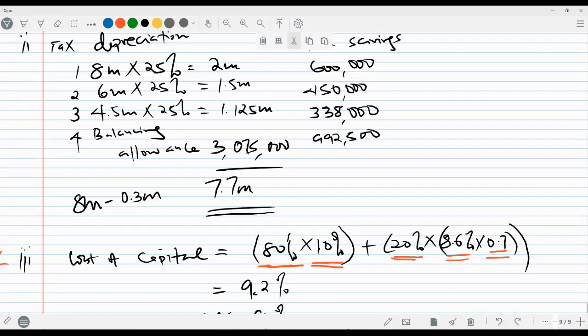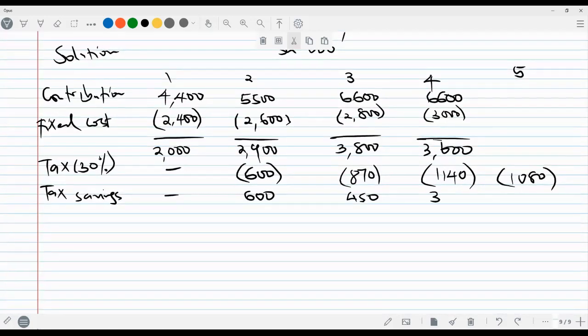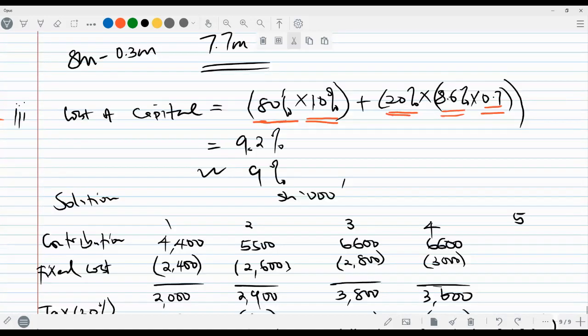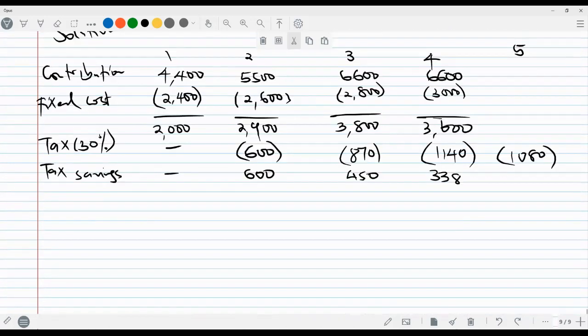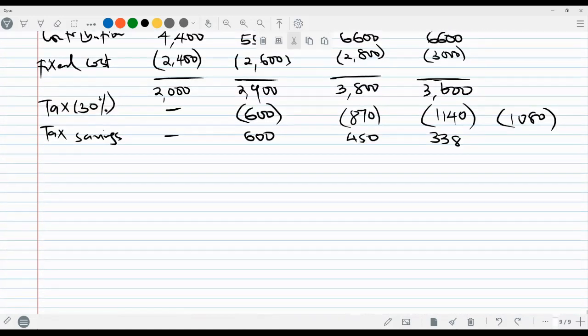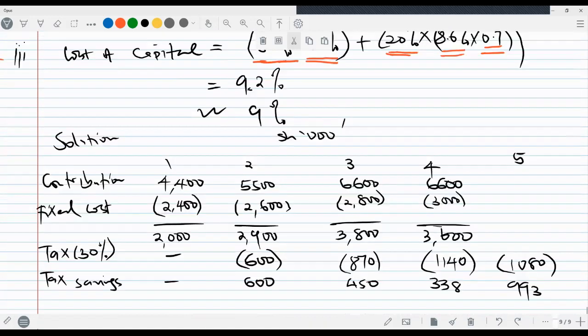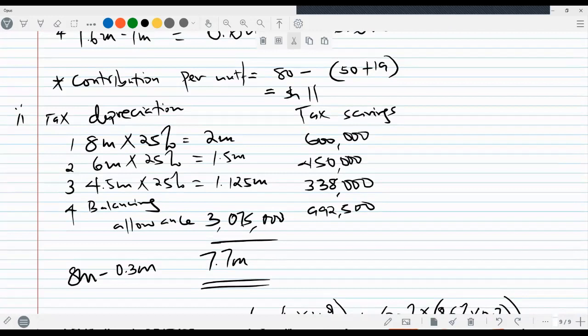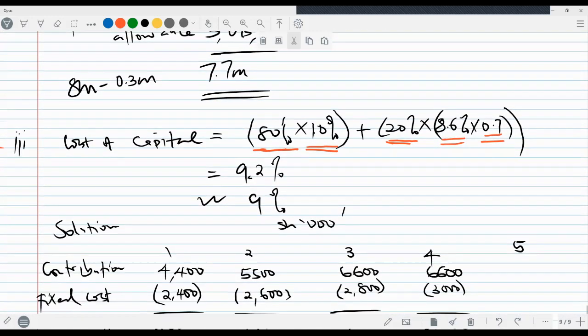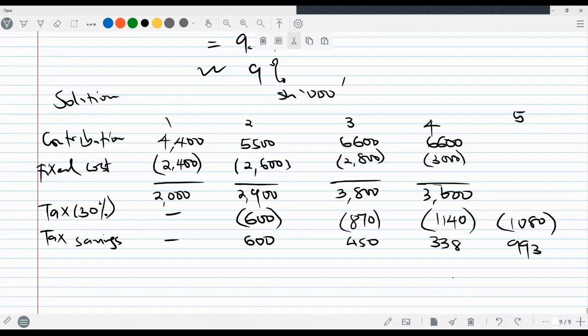Year 4, 338. Year 5, 993. That 338, I rounded it off. It's supposed to be 337.5, but it's okay because my figures are in thousands.